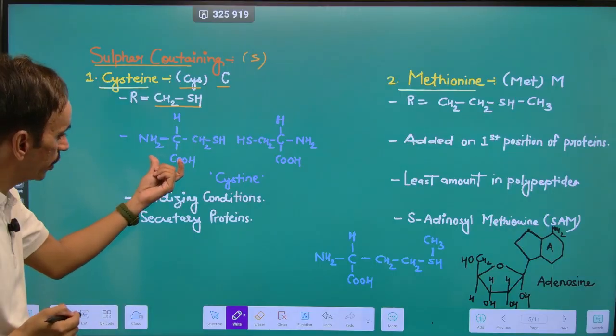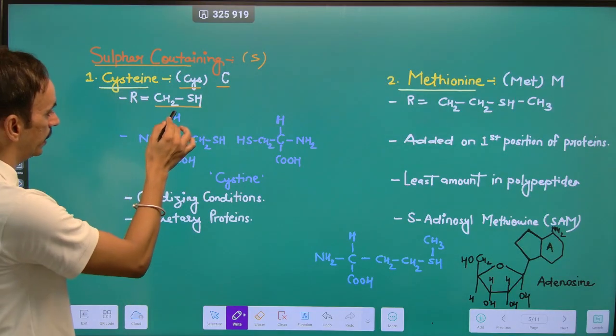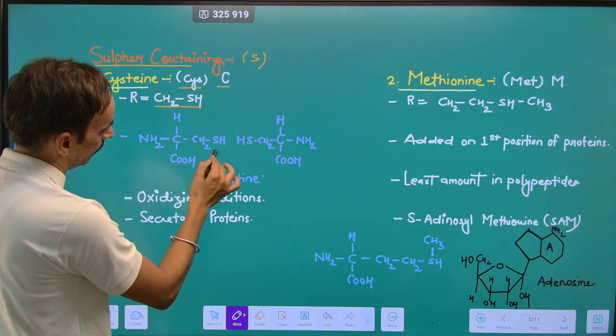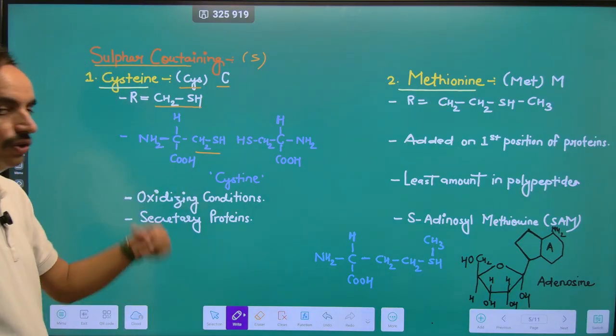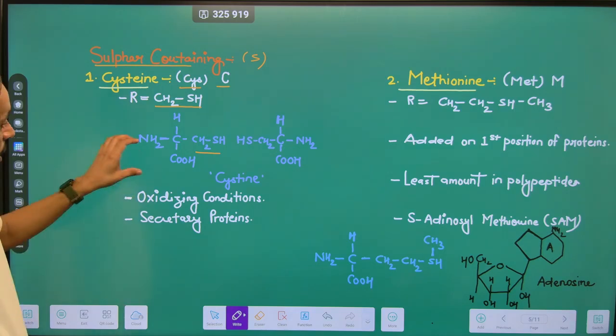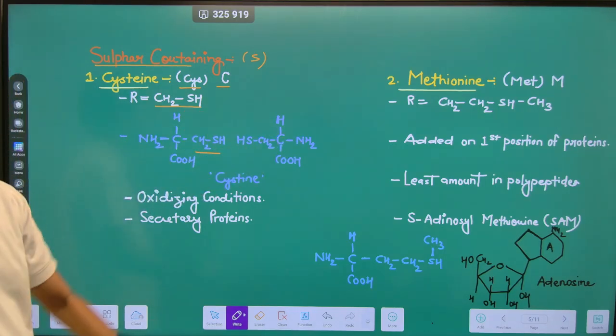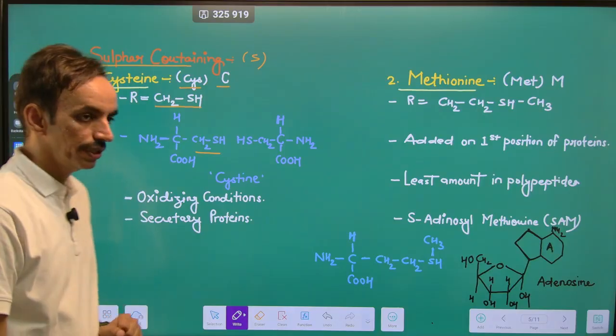We can see the structure of cysteine over here. It is the basic framework structure which is having CH2SH group as a side chain or R chain, we can say. And it is another molecule of cysteine. ये अभी क्यों बनाया है उसको भी समझाते हैं आपको.